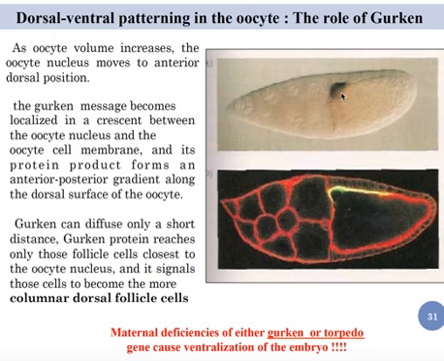So gurken will be expressed. It forms a kind of crescent between the nucleus and the membrane of the oocyte. Let's say the nucleus is right here. This is gurken, and gurken accumulation is present between the nucleus and the membrane of the oocyte.